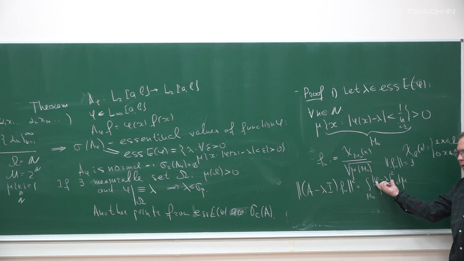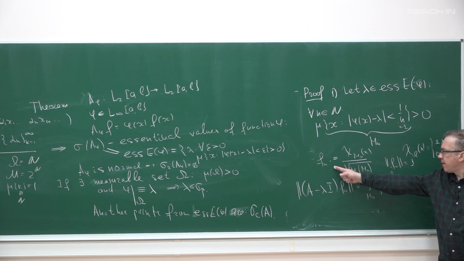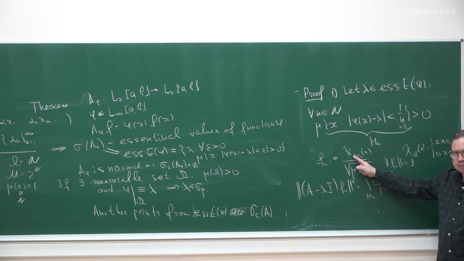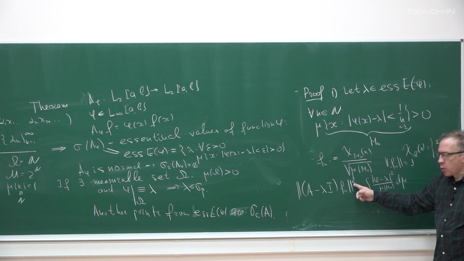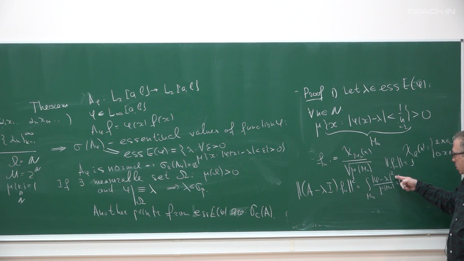It is the action of the operator. Function fn on this set is 1, so we needn't write it. And I write the square of them, so here a square and the square in the denominator.